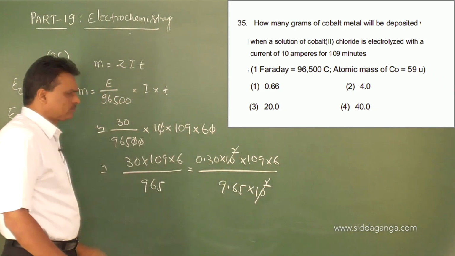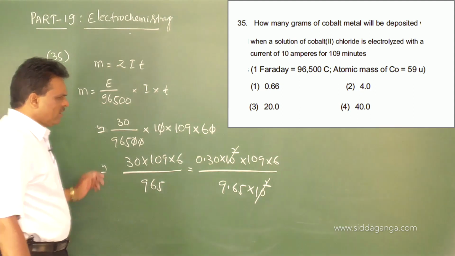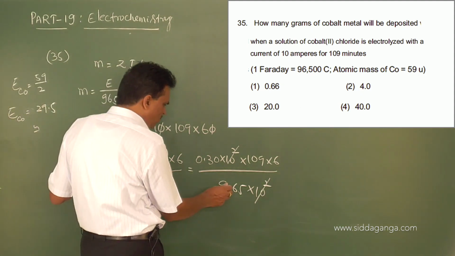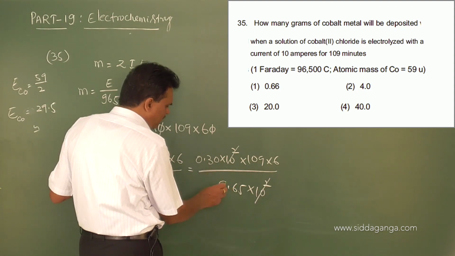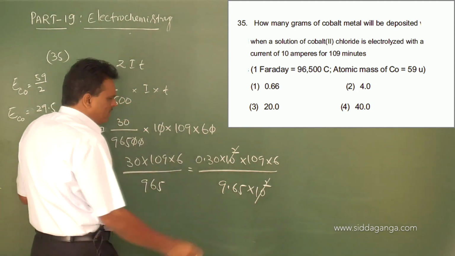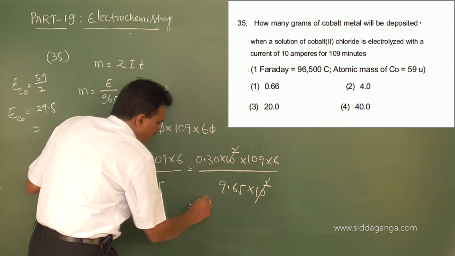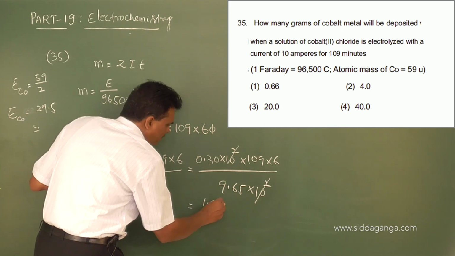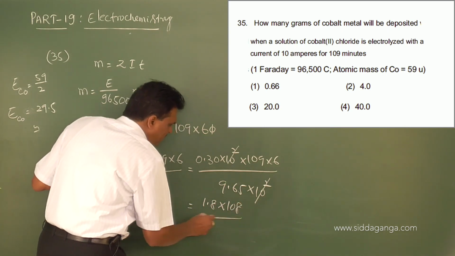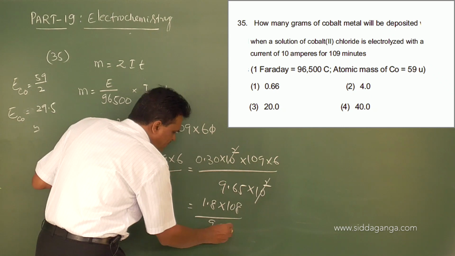Is it clear? Taking it as approximately 10, you can make it 3 here, or never mind. So 6 into 0.3 is 1.8, 1.8 into 108 divided by 9.65.